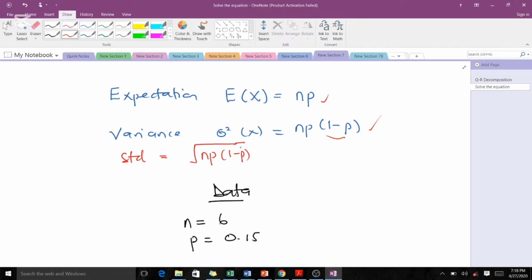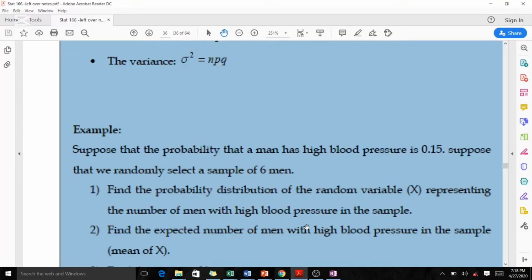Okay, so let's look at some examples. We have a question here. Suppose that the probability that a man has high blood pressure is 0.15. Suppose that we randomly select a sample of 6 men. So we are selecting 6 men, which means our n here is 6, and the probability that a man has high blood pressure is 0.15, which will be the success.